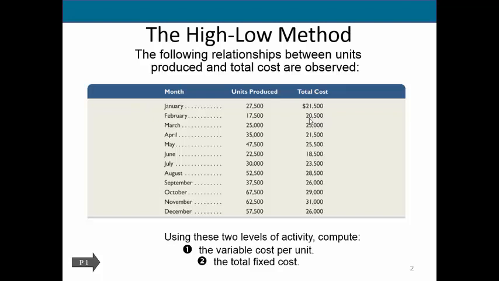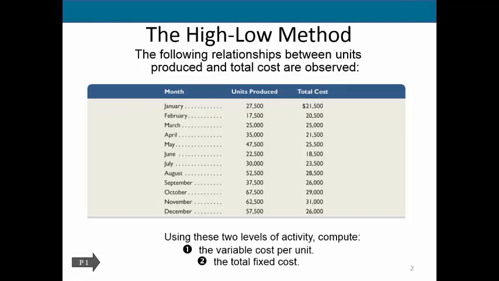Remember, total costs equals total fixed costs plus total variable costs. We already have the total cost numbers for both February and October. We were given that information. We do not know what portion of these total costs are variable or fixed, and that's what we need to solve for. But what we do know is what our variable cost per unit is.